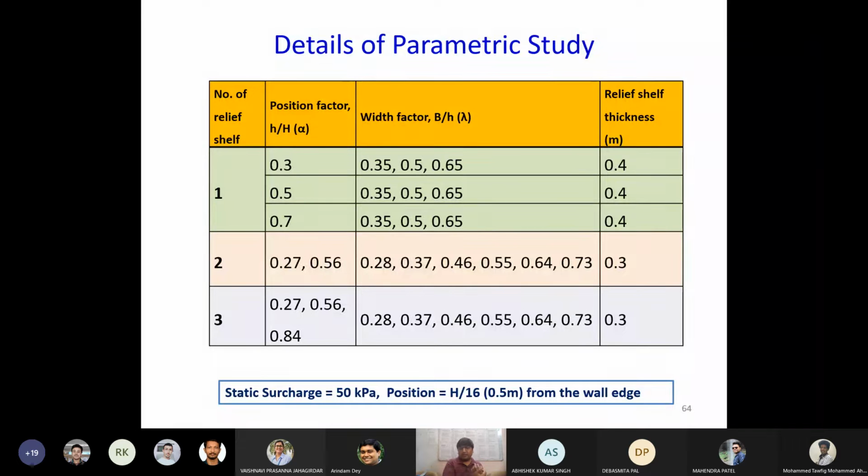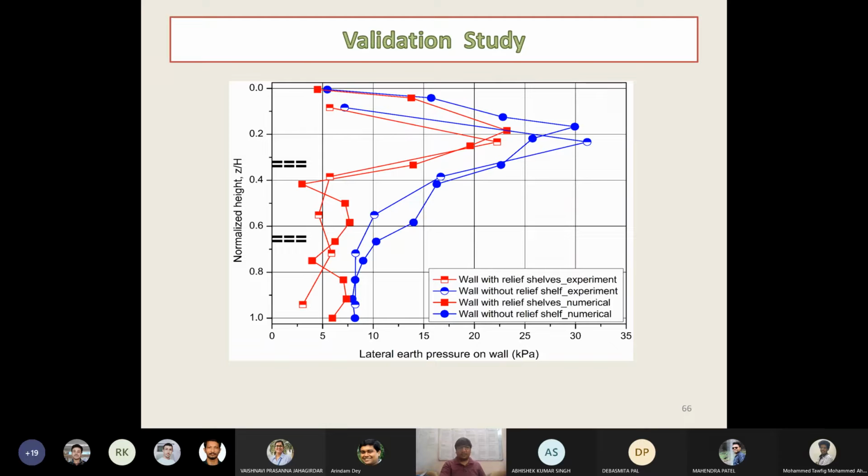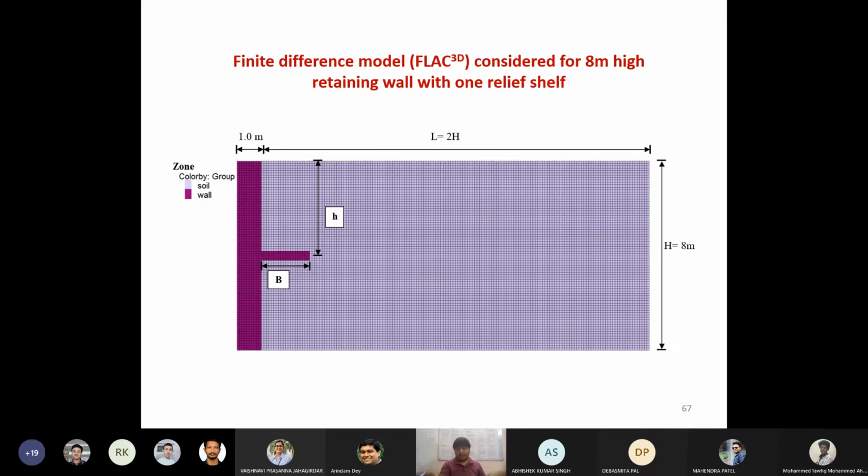Even during compaction of the backfill, we always keep a safe distance for the roller, and in very close proximity to the wall, we always prefer manual compaction. Considering that, we placed our surcharge a short distance away from the wall stem. These are the parameters I have considered, and this was a quite well validated model.